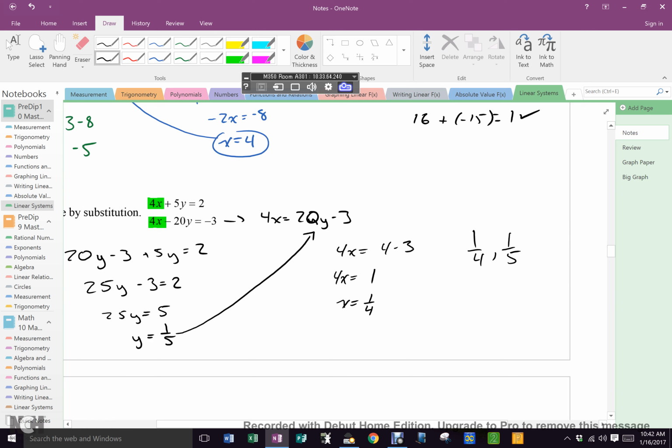And that's easy to check, isn't it? What's 4 times 1/4?